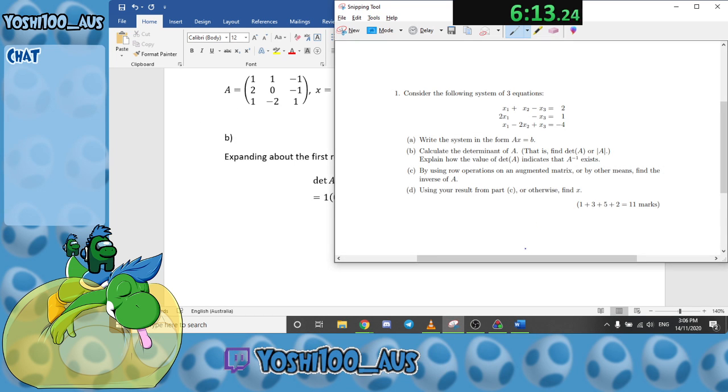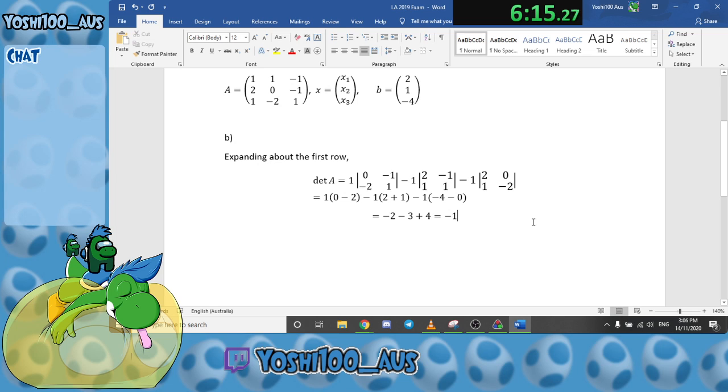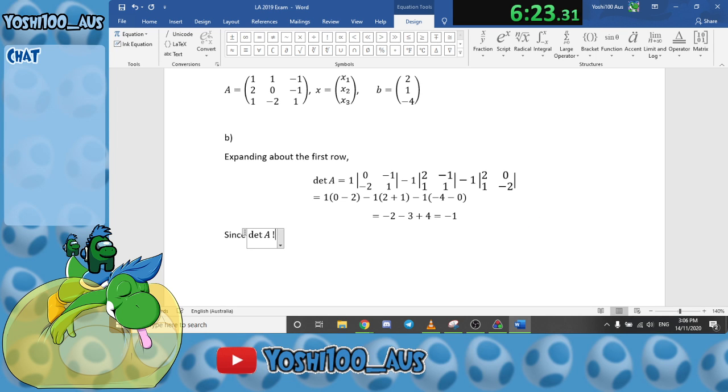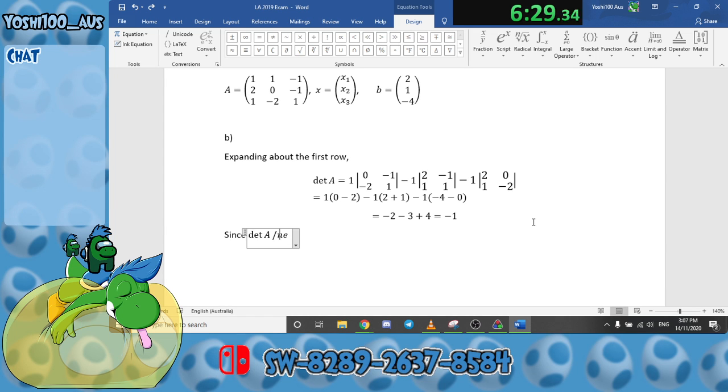Okay, so since that A is no, I think it's, no, is it not? Not equals?